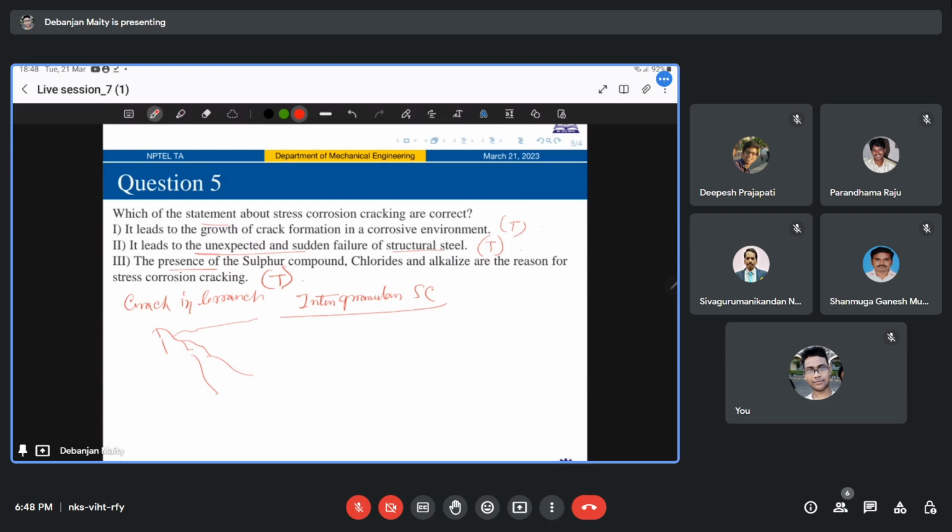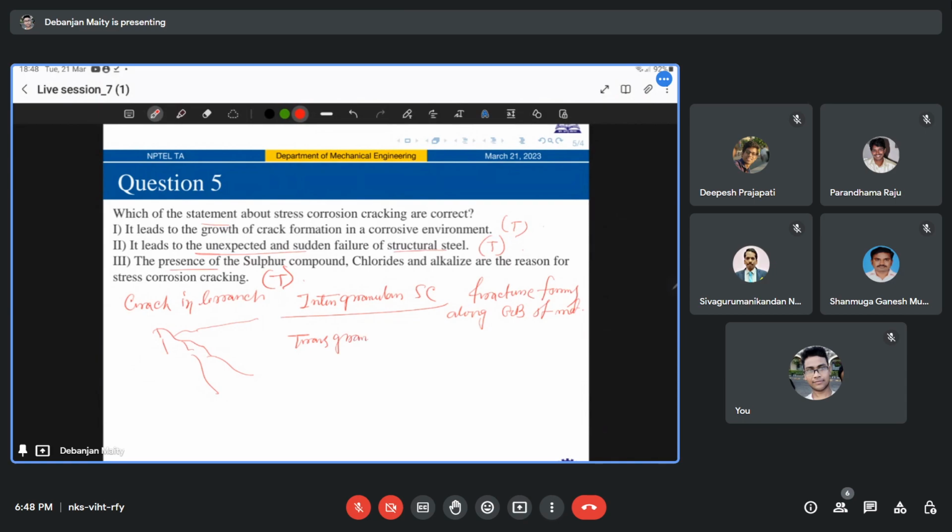Here the fracture forms along the grain boundaries of the material, and if you have transgranular, the fracture happens through the grain of the material.